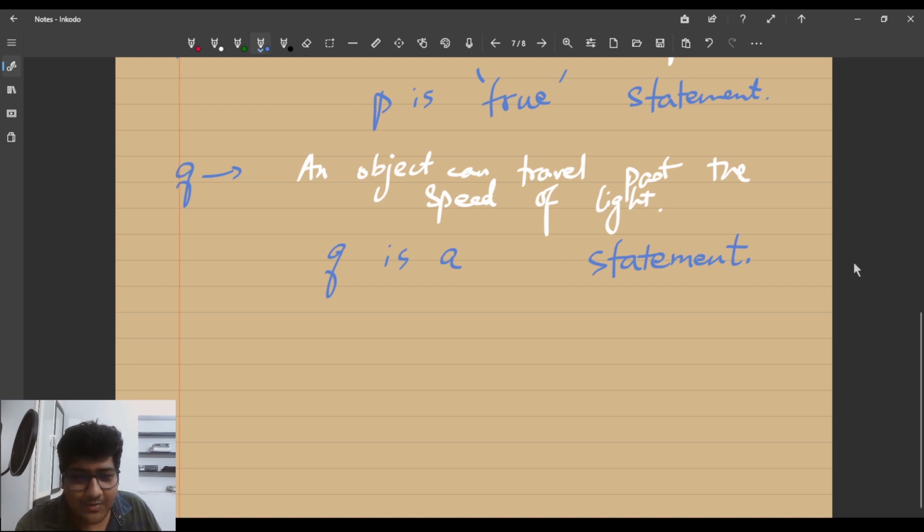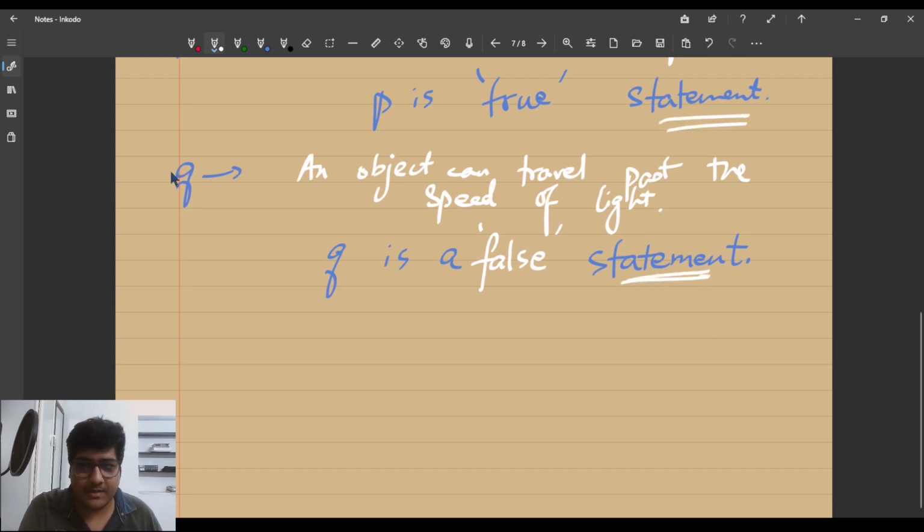It's not the lack of our equipment or human power. It's just a fact that anything cannot go past the speed of light, or else that object would not have existed. That's the talk for a lot of physicists, but I'll just say it's a false statement. If it is so, then that would not have been an object, is what I was trying to say. So this is a false statement, so it's still a statement.